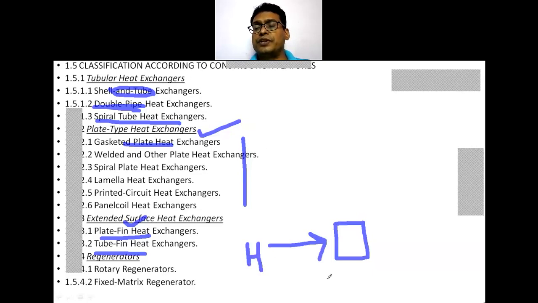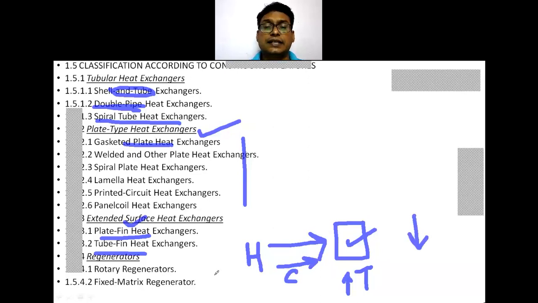As a result, its temperature increases. Then when it is hot, the cold fluid will pass over that, so that the temperature decreases. That is what happens in case of regenerators.